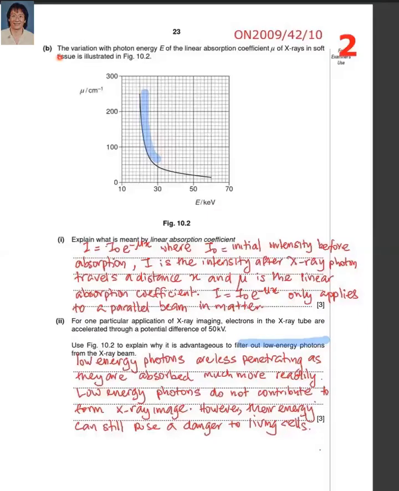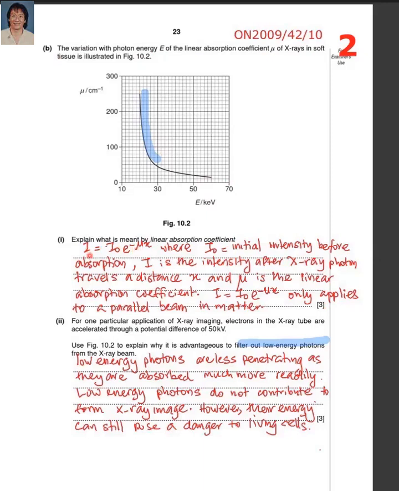In part B, the variation with photon energy E of the linear absorption coefficient of X-rays in soft tissue is illustrated here. This is mu, and this is the energy of the X-rays. Explain what is meant by linear absorption coefficient. Since this question has 3 marks, you can use the equation and explain all the symbols used in the equation.